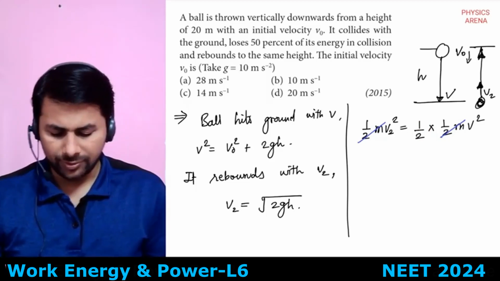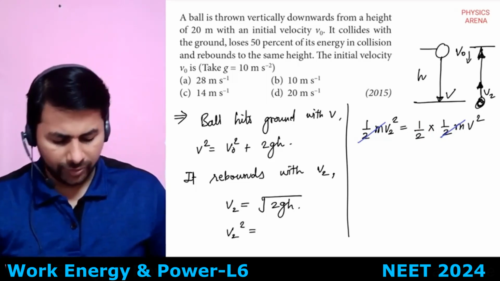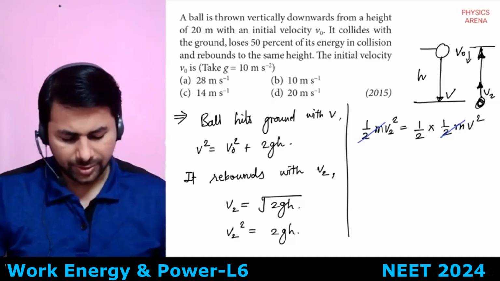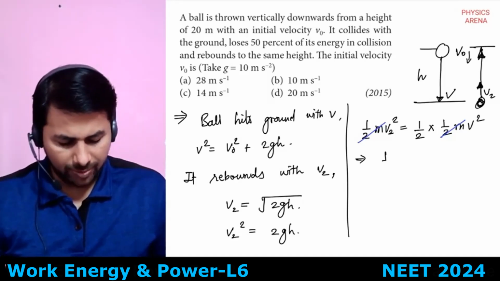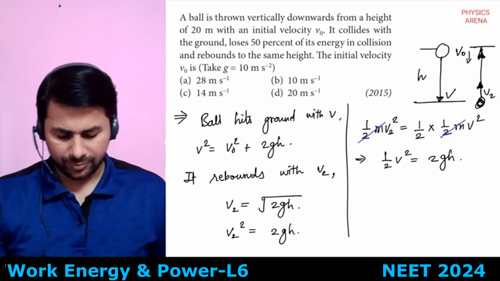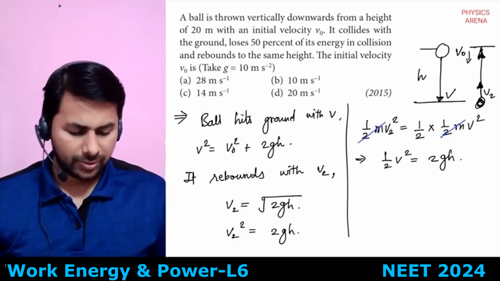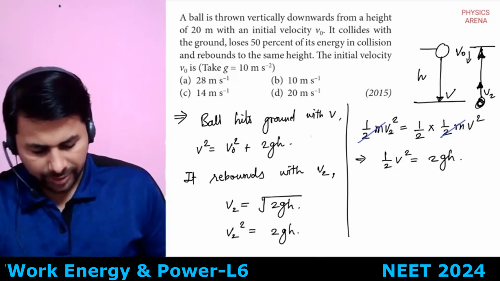So from here v2 square is 2gh, and it is equal to half of v square, because v2 square is half of v square, as we just found. So then you have this equation 1.